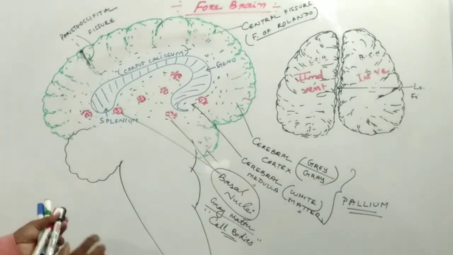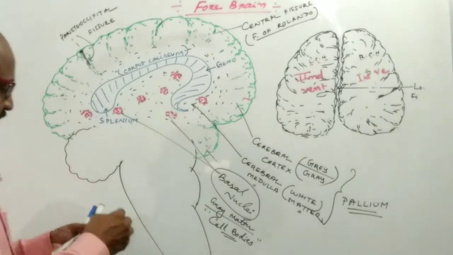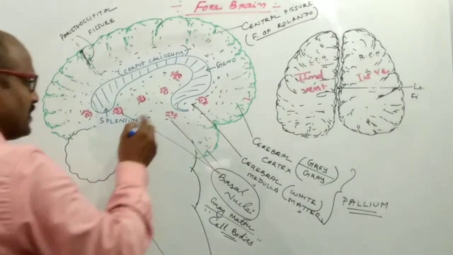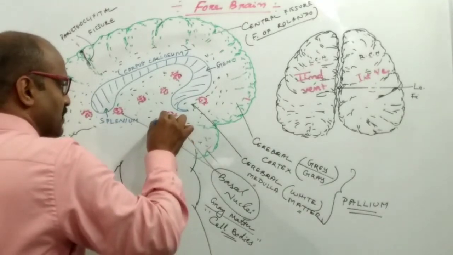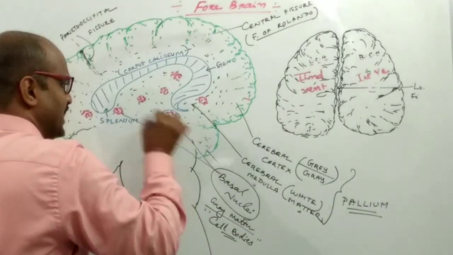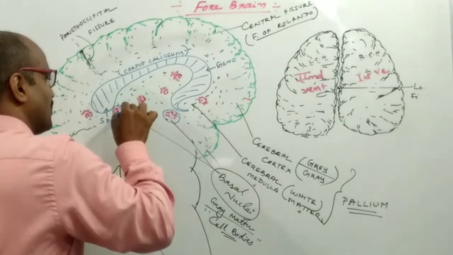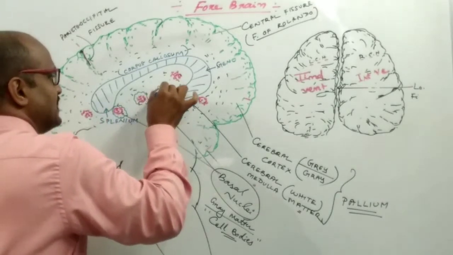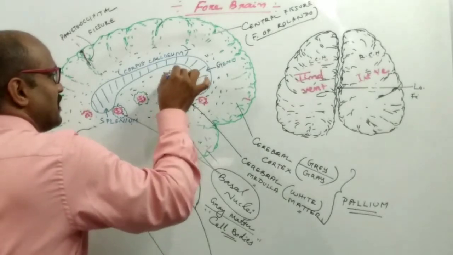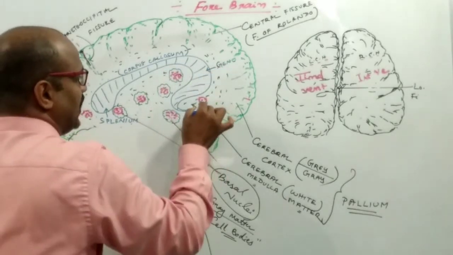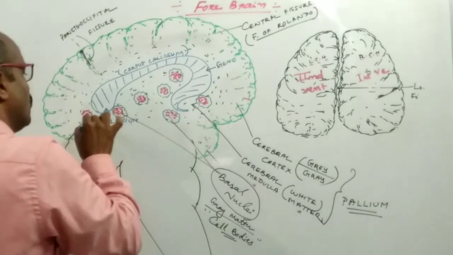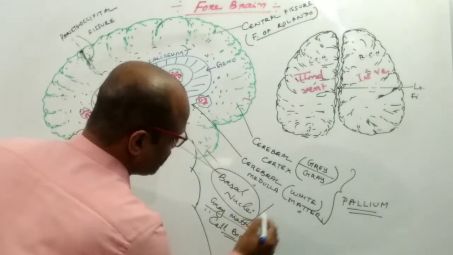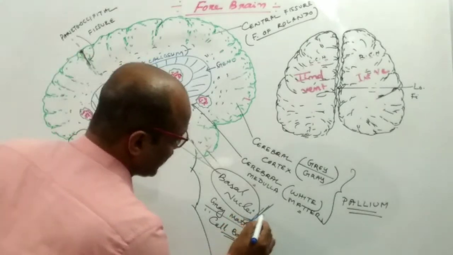And sometimes a number of basal nuclei are present at the base of the lateral ventricle or around the lateral ventricle. Now such a group of basal nuclei is named as basal ganglion.